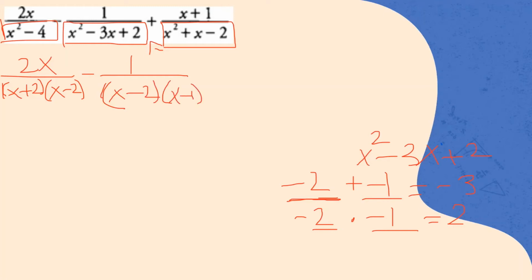Once you do that, you are supposed to move on to the third denominator, which in this case is our last one. The last denominator is written in the same way as our previous denominator.